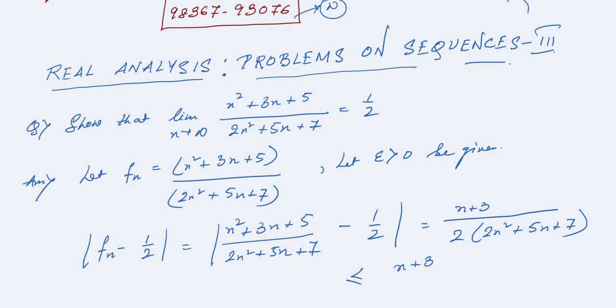This is actually 3n, so this is actually less than 3, 2 into 2n squared.